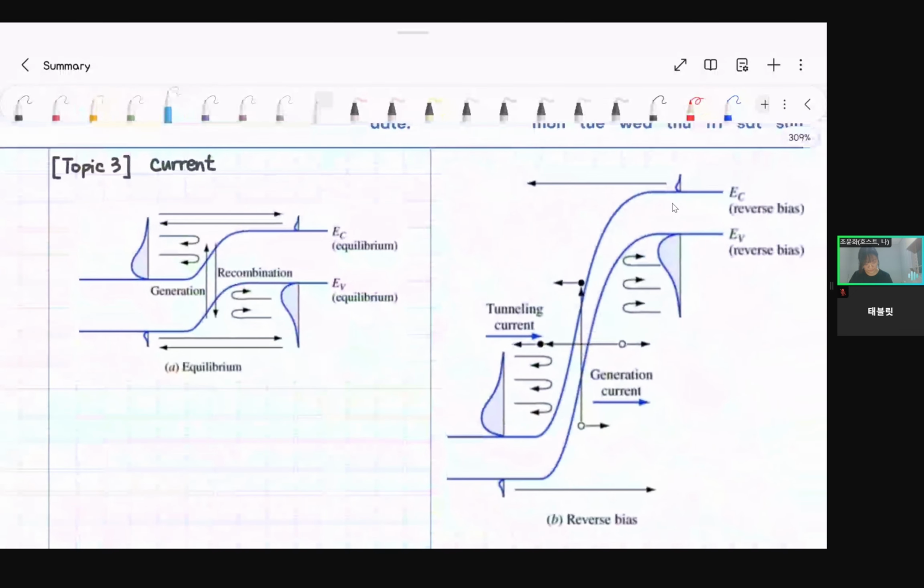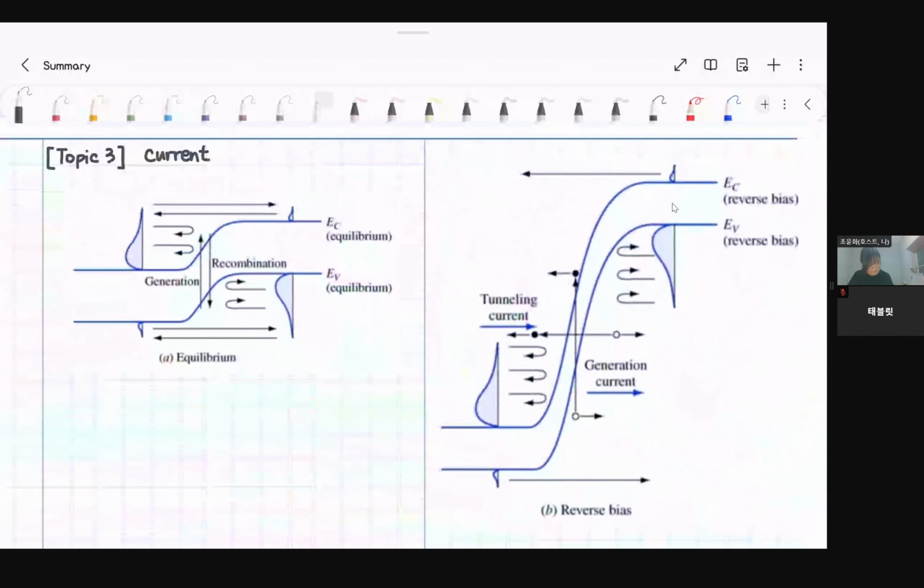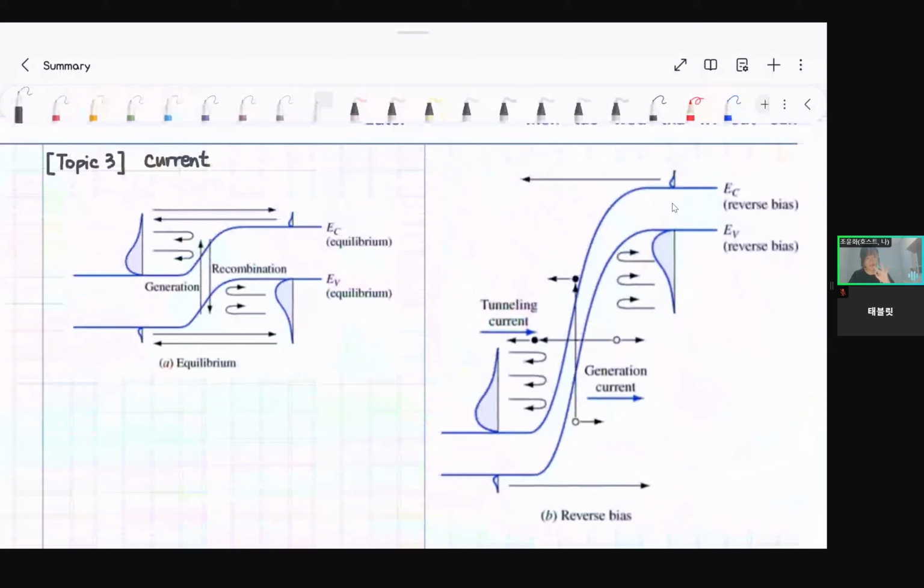So in the PN junction, by giving some bias, we can control the current flow. So let's see the 3 states. First is the equilibrium state, second is the forward bias state, third is the reverse bias state.